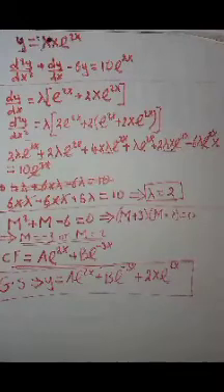Okay, now the next part of the question has given us y to be 0 when x is 0. Then they want us to find the values of these constants a and b.